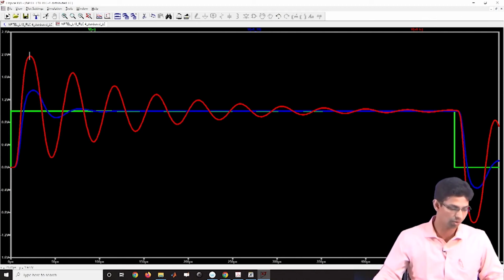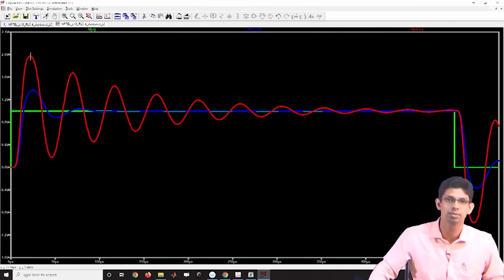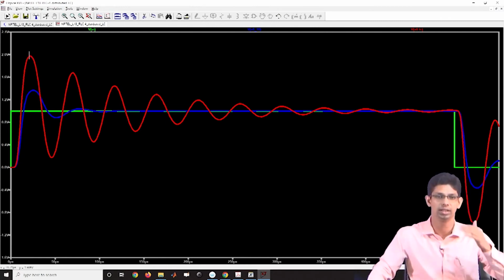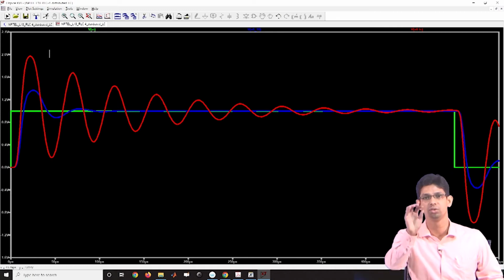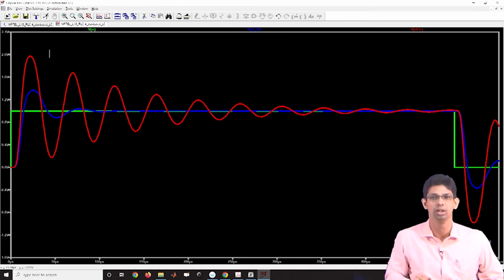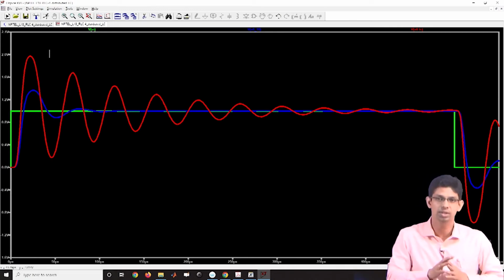So if my input voltage was 1 volt, I would have expected an output voltage of 2 volt, right? So that I can see. The maximum output voltage, the maxima in that, goes close to 2, but it does not reach 2 in this simulator.